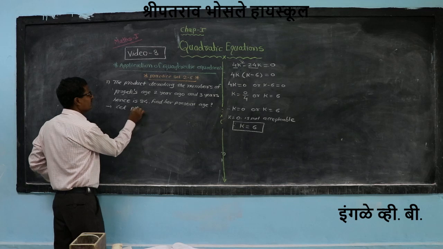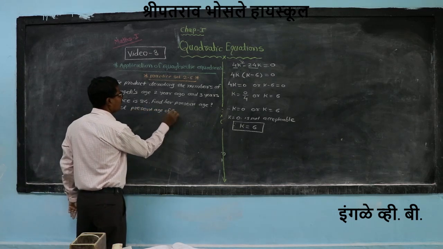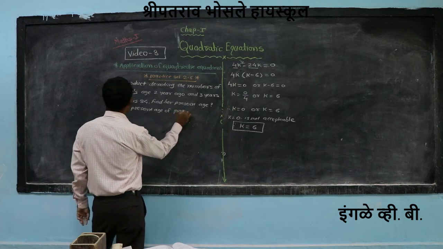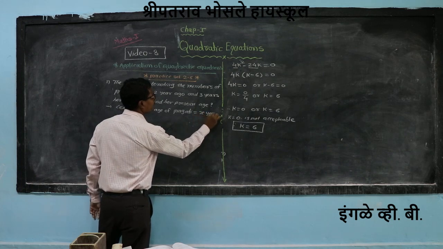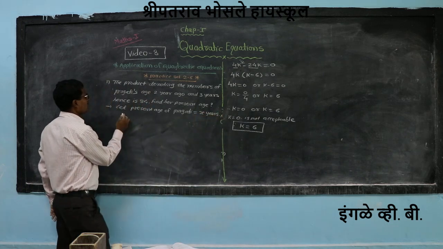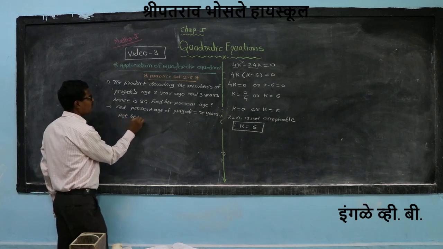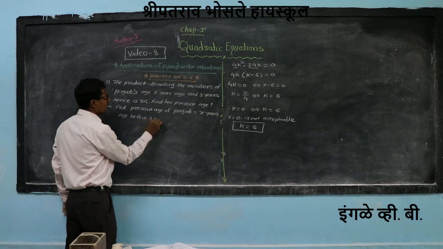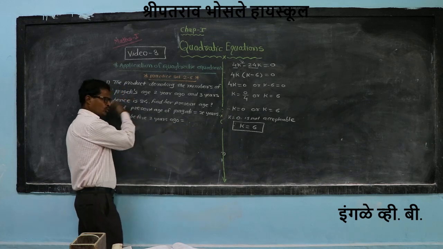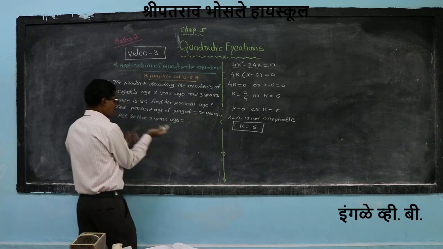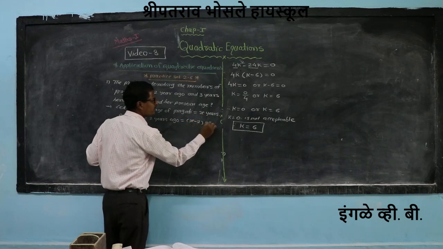Let the present age of Pragati be x years. The age 2 years ago is the present age x minus 2 years.